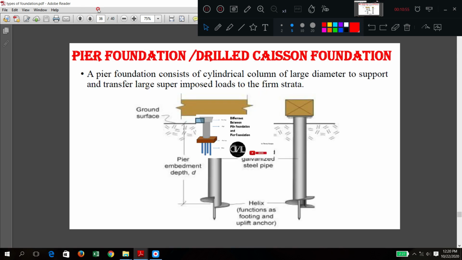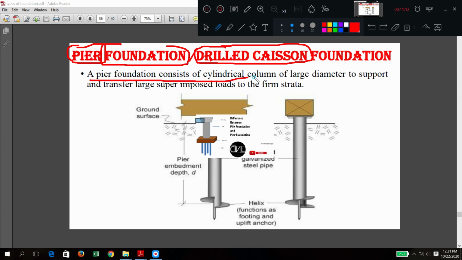Now the next type of foundation is the pier foundation. It's called pier foundation, which is also called by the name drilled caisson foundation. First, see this diagram. This pier foundation consists of a cylindrical column of large diameter to support and transfer the larger superimposed load to the firm strata.